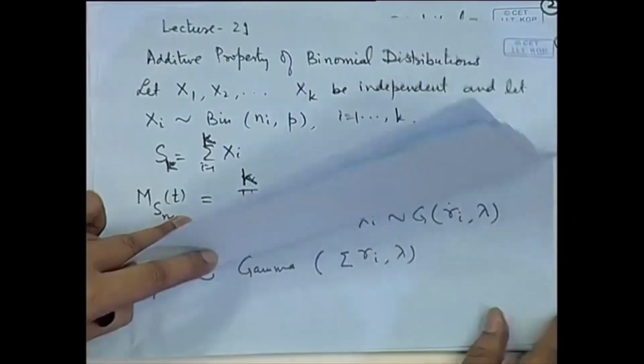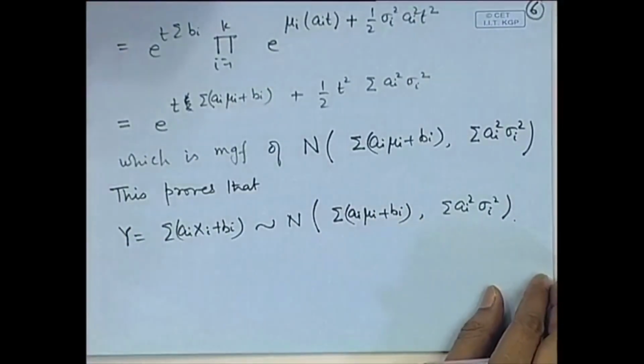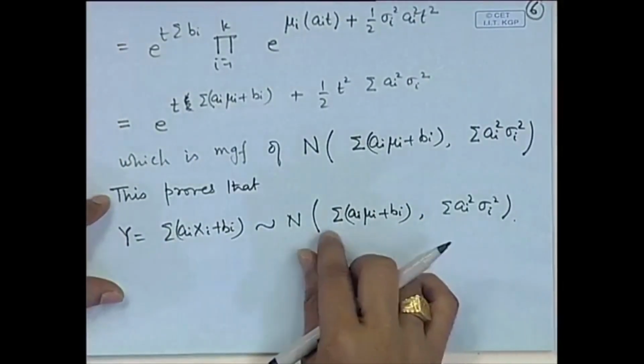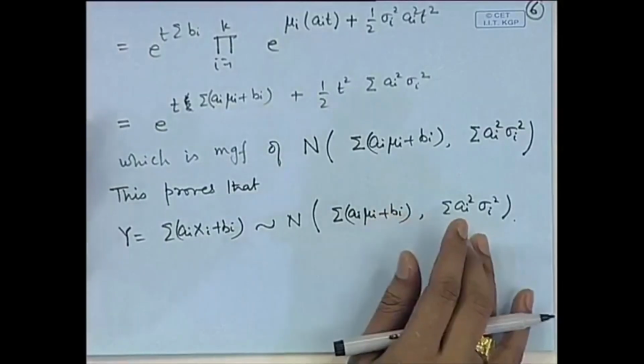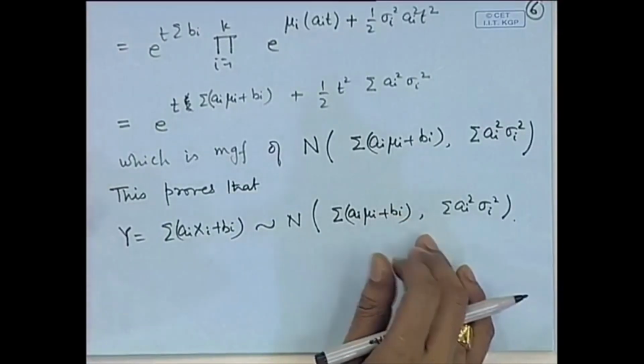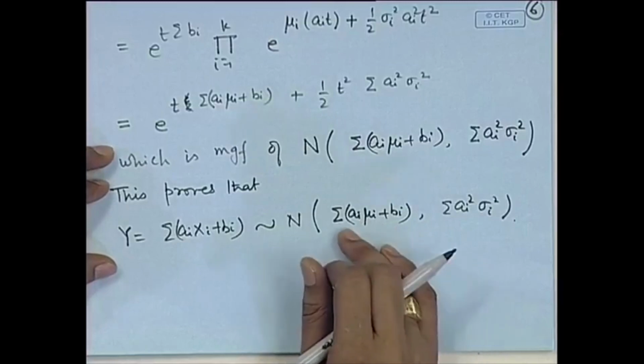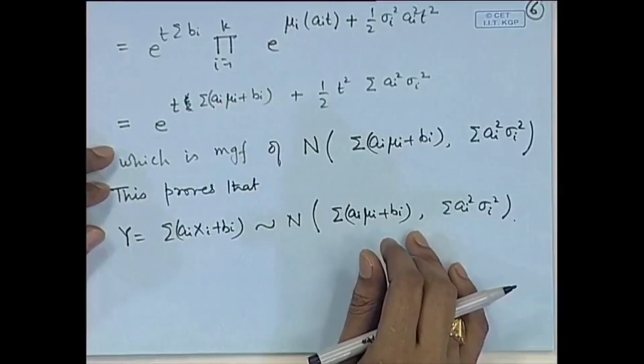But in the case of the normal distribution, we can vary both the parameters, and the property is also more general: rather than just talking about the sums, we can talk about any linear function.